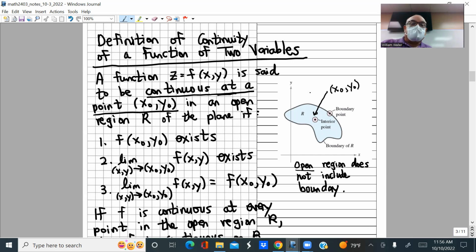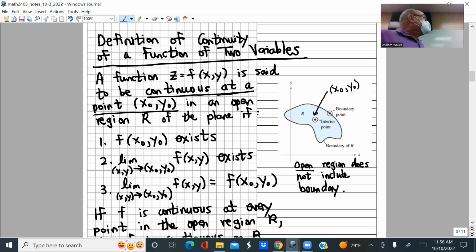So when you draw a region in the XY plane, you get a region. Here's what has to be true for the two variable function to be continuous at a particular point.